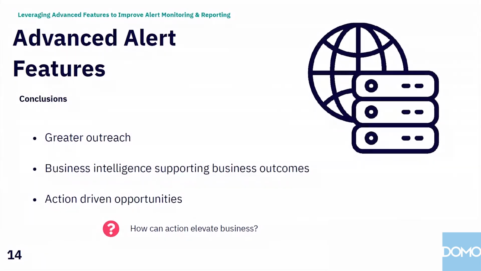So to conclude, level 3 and advanced alert features, the main points of emphasis that I want to communicate here is that you get a much greater outreach. You can actually communicate messages and alerts to the teams and the businesses that are working with your data or that need to be aware of your data a little bit more seamlessly, and you're reaching them where they're working, where they're doing business.